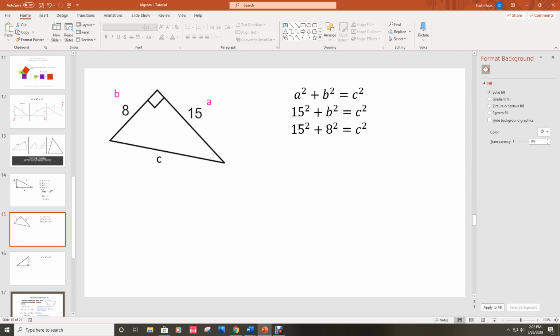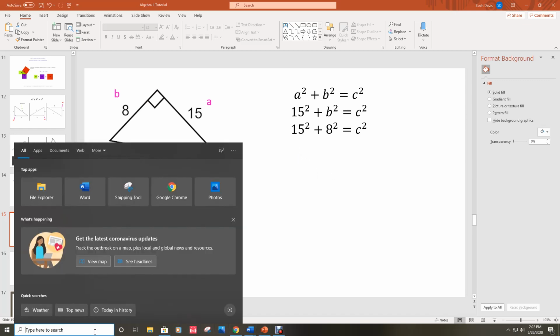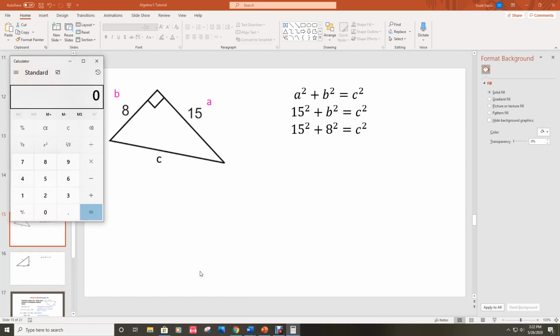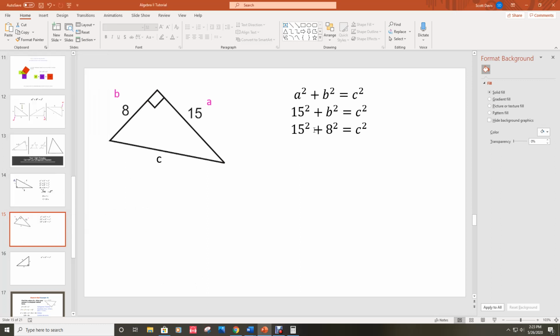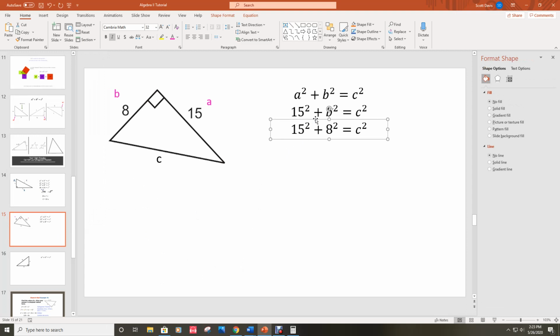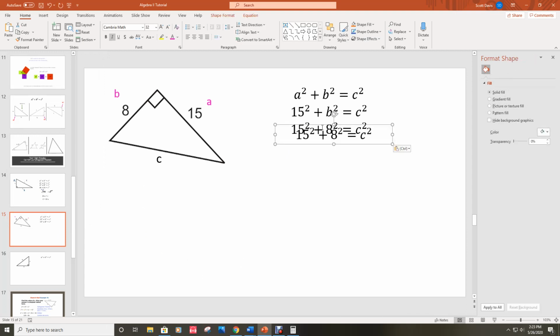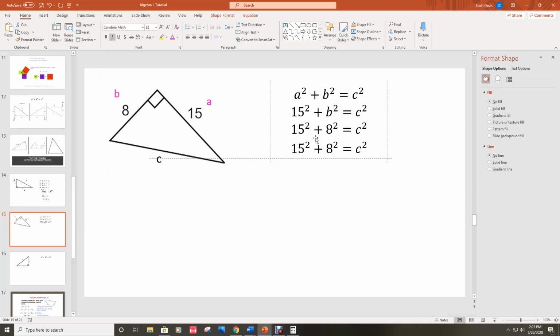I think you should do this one, and then you can carry it down and add them together. So let's see what 15 squared is. I already solved this problem, but let me pull up my calculator. 15 squared, 225.